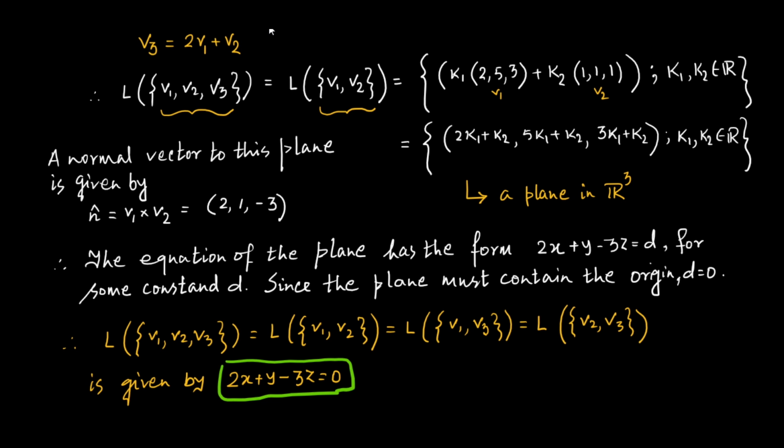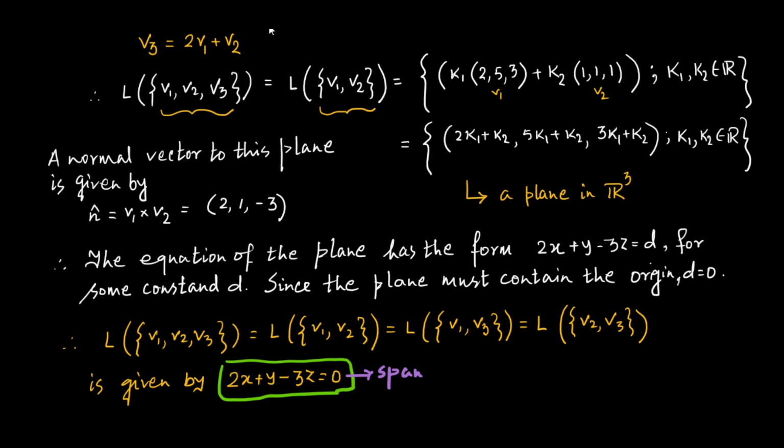And that means I get another thing, that this is the linear span given by this plane. The linear span of these set of vectors means you can consider the set of three vectors v1, v2, v3, or you can consider the set of two vectors v1, v2, or v1, v3, or v2, v3.